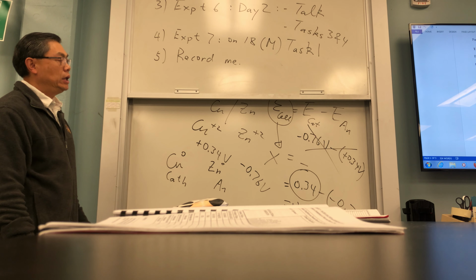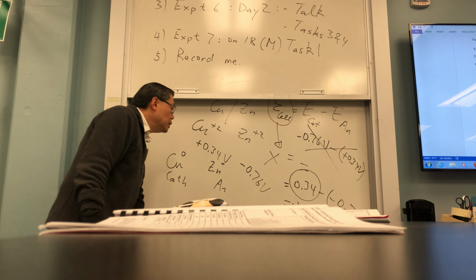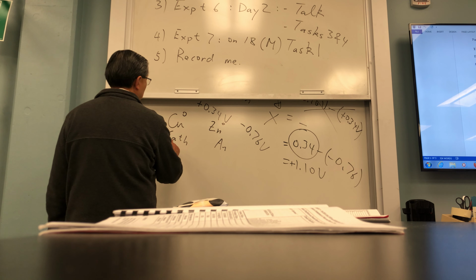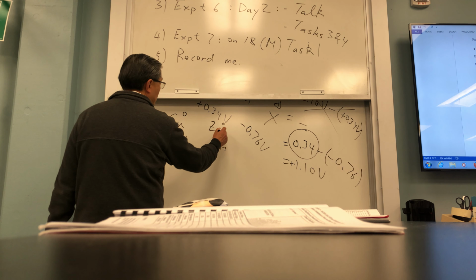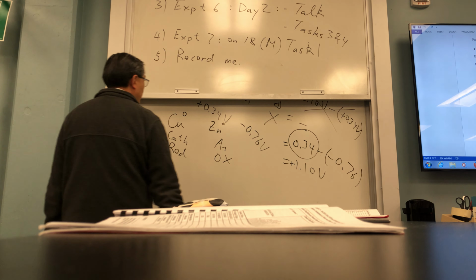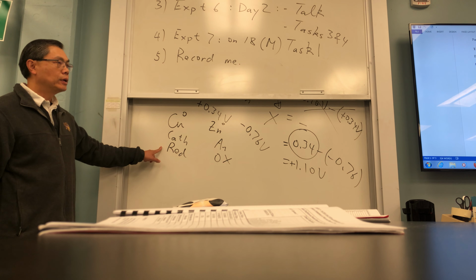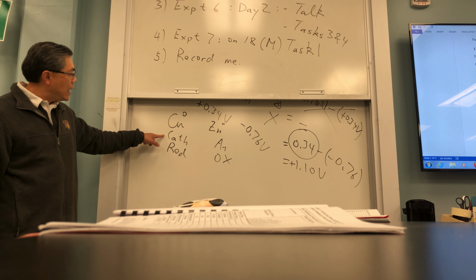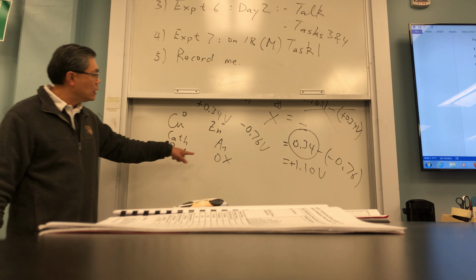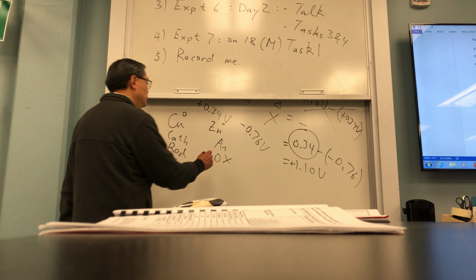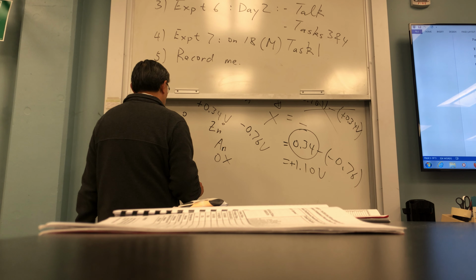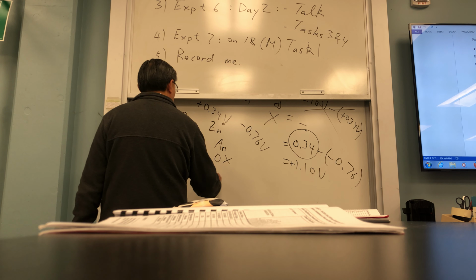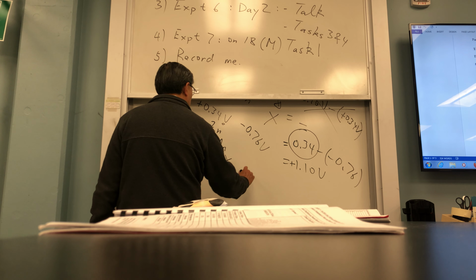What does that mean? So we have to write out the equation. Copper is cathode. Cathode is what? Reduction. Anode is what? Oxidation. A long time ago, I learned this trick: red cat and ox. So copper is reduction. That means copper is doing this.